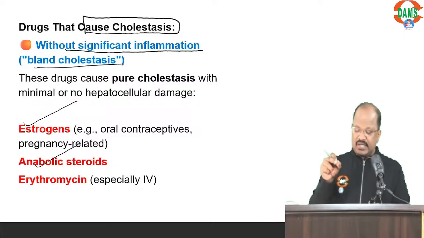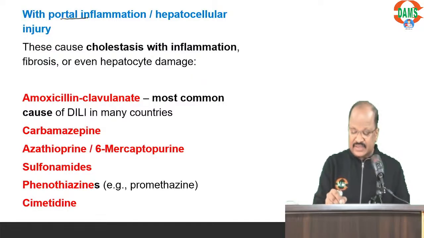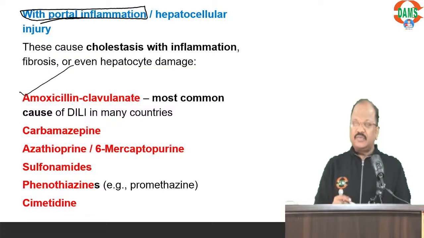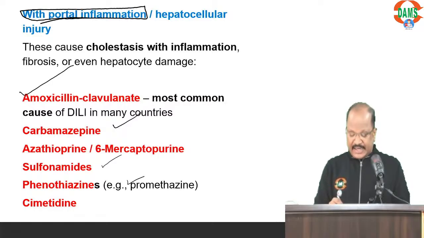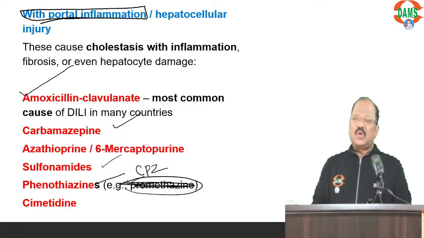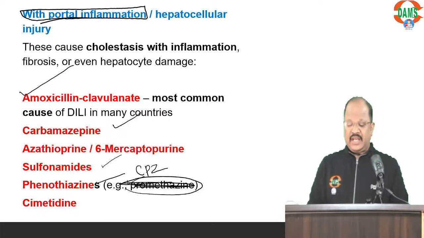Whereas drugs causing cholestasis with portal inflammation are amoxiclav, carbamazepine, azithromycin, 6-mercaptopurine, sulfonamide, and antipsychotics of the phenothiazine category, like chlorpromazine, which rarely may cause cholestasis with portal inflammation.